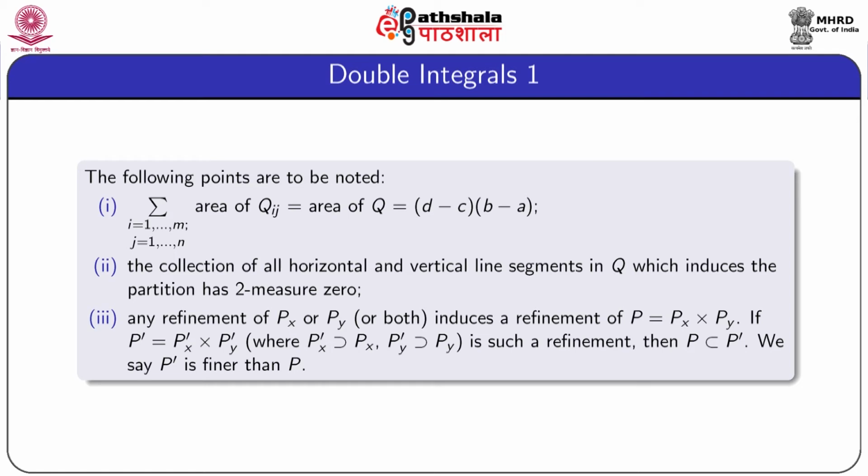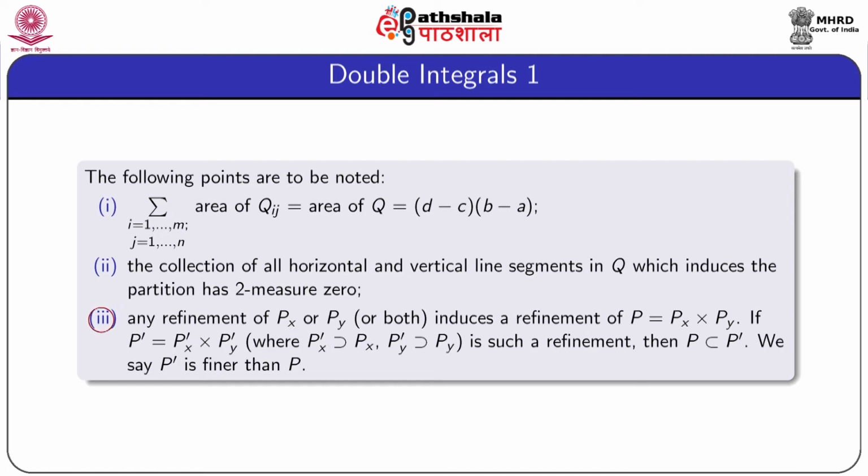The following points are to be noted. The sum of the areas of all these subrectangles, that is the sum of area of Qij, equals area of Q, that is d minus c into b minus a. The collection of all the horizontal and vertical line segments in Q which induces the partition has measure 0.